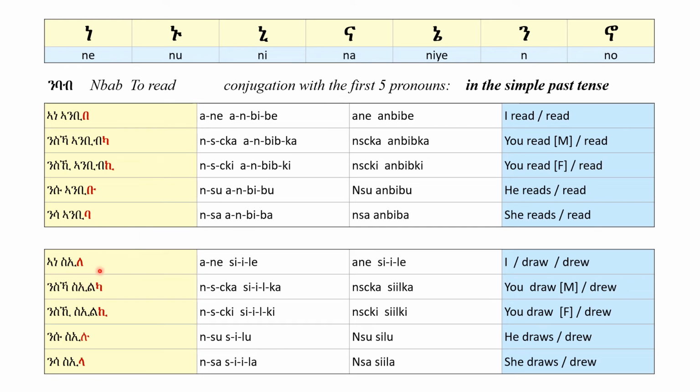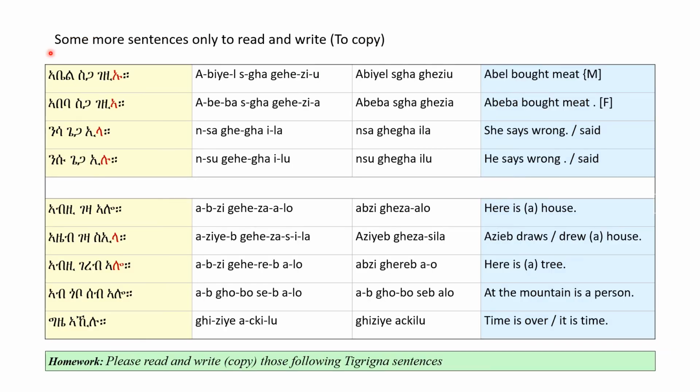Ane siile, nisra siilka, nisri siilki, nisu siilu, nisa siila. Some more sentences only to read and write.